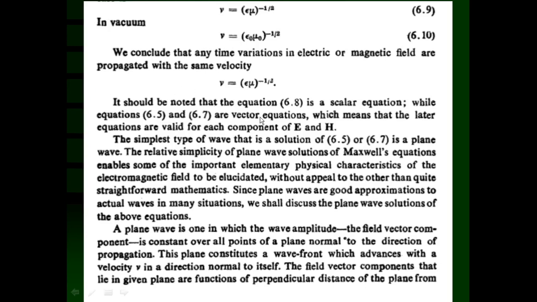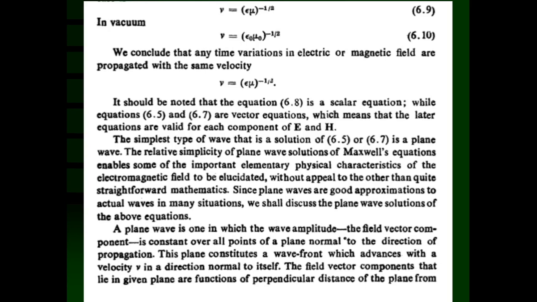Now the solutions of equations 6.5 and 6.7 are nothing but the solutions of wave equations. The simplest type of wave that is a solution of 6.5 or 6.7 is a plane wave. That means the solutions of these equations are nothing but plane waves.